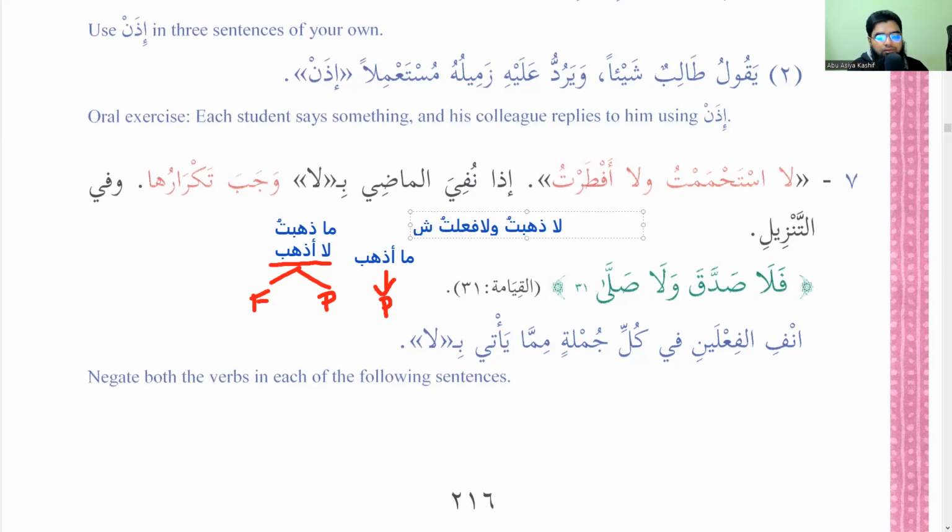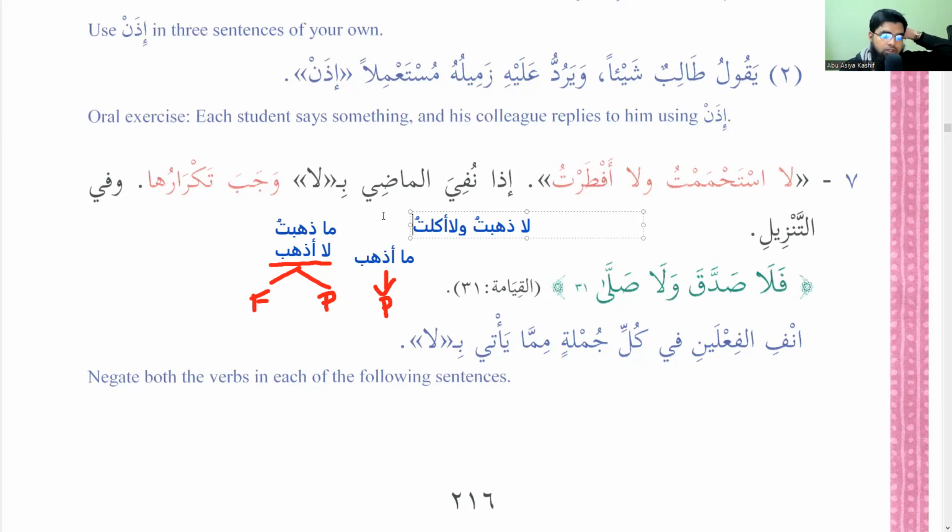Or "wala akaltu", nor did I eat. Neither did I go, nor did I eat. So if you're using "la" with the past tense, the meaning changes to neither and nor, and you have to repeat the "la" again. You cannot use "la dhahabtu" alone.